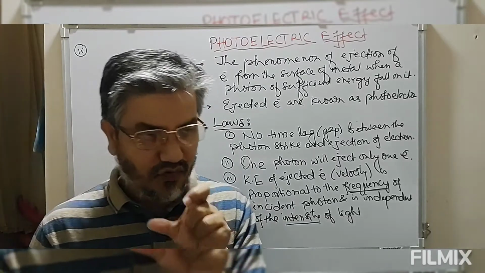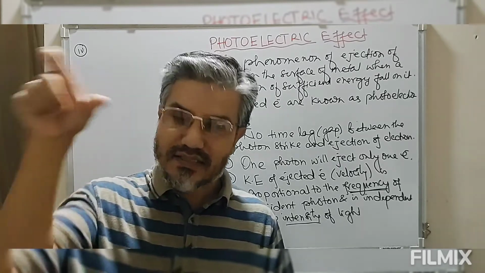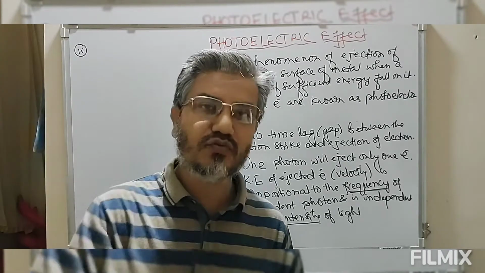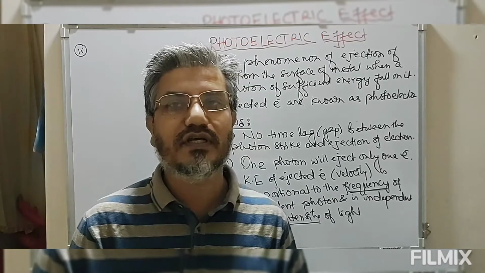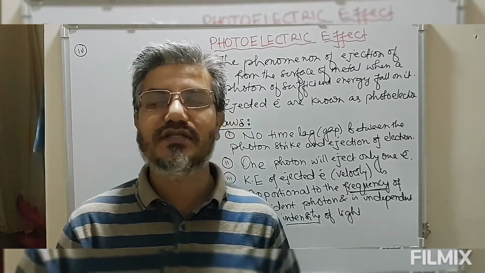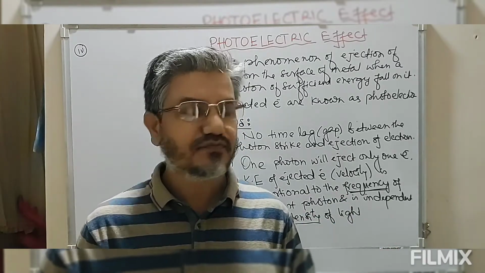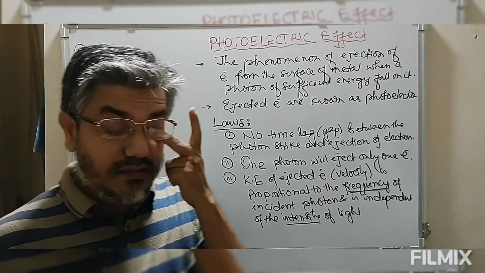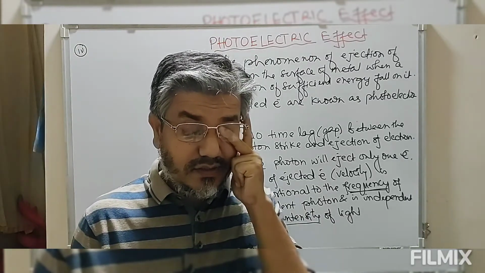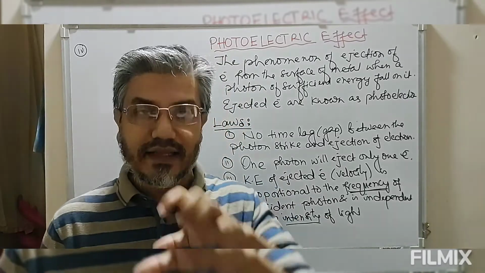That means for electrons to be ejected from the surface of the metal, the striking photon must have a minimum amount of energy, and if the energy is less than the minimum amount of energy, then no photoelectric effect will take place. So ejection is possible only when the energy is greater than the minimum energy.